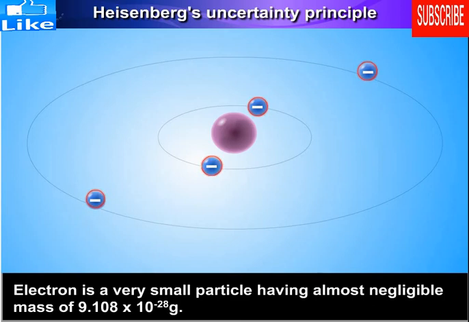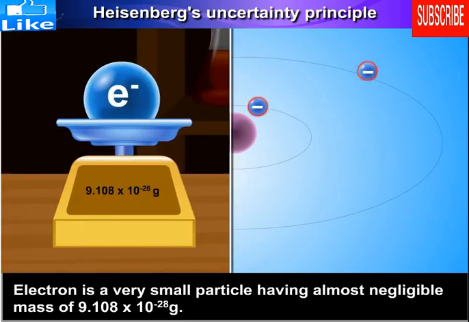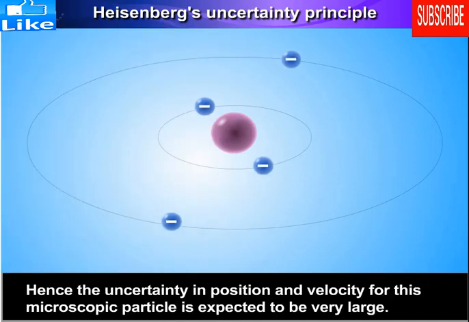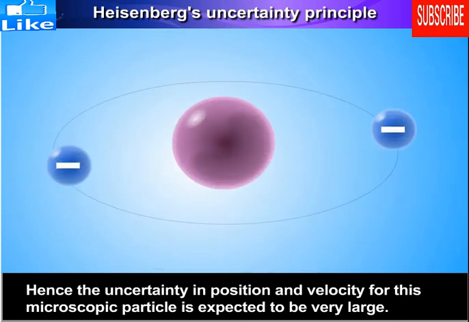Electron is a very small particle having an almost negligible mass of 9.108 into 10 raised to minus 28 grams. Hence, the uncertainty in position and velocity for this microscopic particle is expected to be very large.